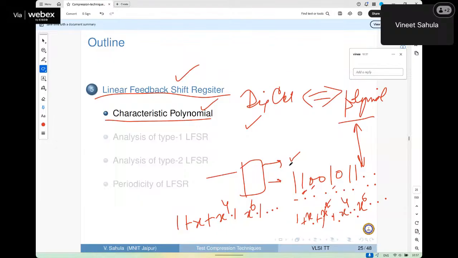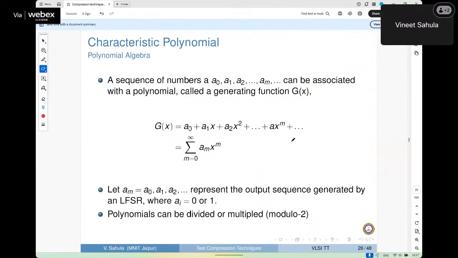Right? Time delayed, because this is a serial sequence. This polynomial will now represent this sequence. Right? This is called the generating polynomial. Generating polynomial. Right? Any G(X) can represent any bit pattern. The first one is A0, MSB. The LSB is there. It could be an infinite bit pattern that way.